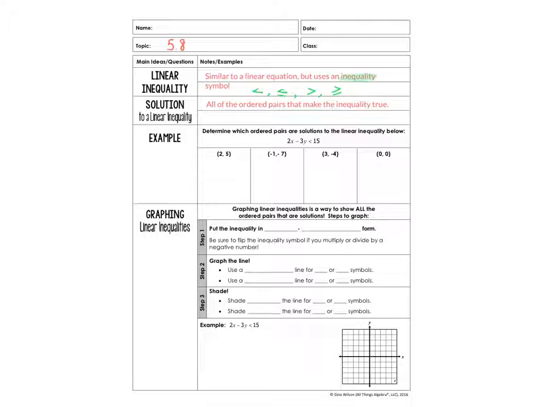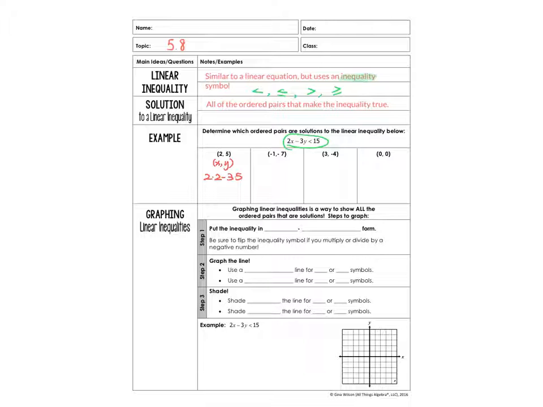Okay, so here's one example. Determine which ordered pairs are solutions to the linear inequality below. So I have x being 2, y being 5. So I have to plug it in. I have 2x minus 3y here. So if I plug it in, 2x is 2 times 2 minus 3y, y is 5.